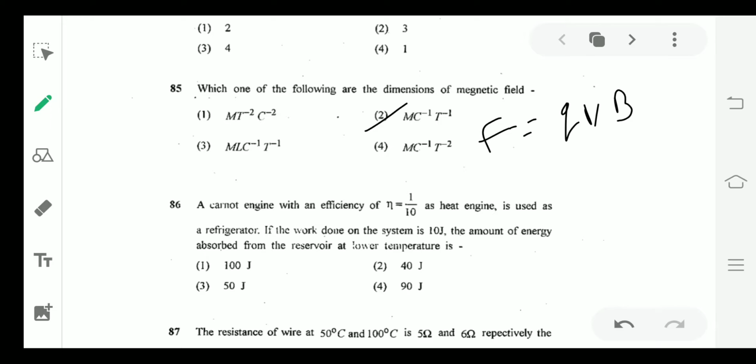Now let's move to the next question. A Carnot engine with an efficiency of eta equals 1 upon 10 as heat engine is used as a refrigerator. If the work done on the system is 10 joule, the amount of energy absorbed from the reservoir at lower temperature is. So here we have to do some work in case of refrigerator.